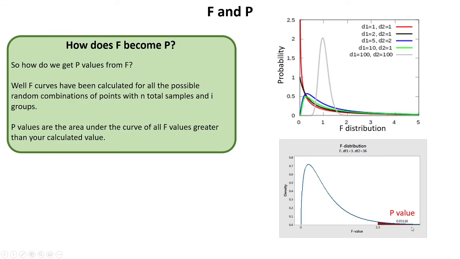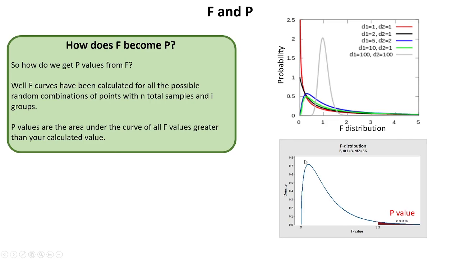And then your p-value, if your F statistic was 3.3, is all the area under the curve that is less likely than your F value, right? So the most likely thing is to get something down here. The least likely is to get something out here. So everything in the tail, if you add all of this up, this will give you your p-value. So your p-value is everything that's less likely than your F statistic that you generate.